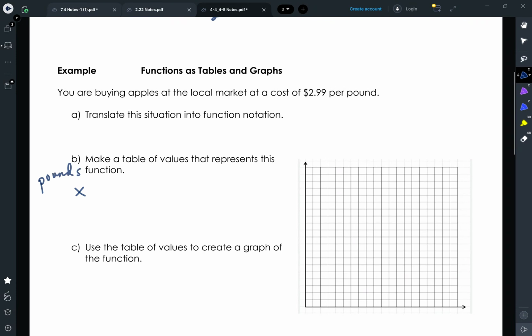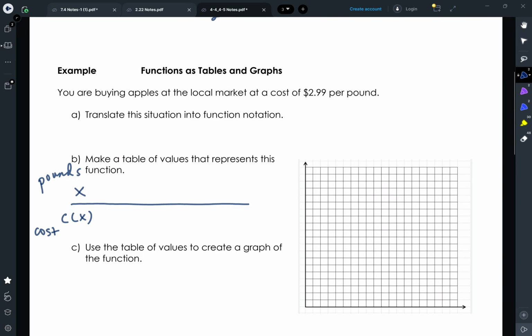I pick out my pounds of apples, and then I pay based on the amount of apples I buy, right? It's not like I go in, give them $5, and then pick out apples to make $5. I weigh my apples, and then I pay for that amount.